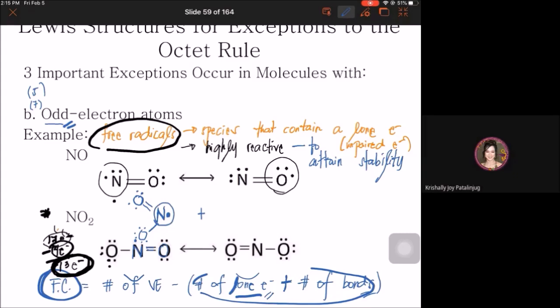How? Since they are highly reactive, they will react with each other. Free radicals will react with each other to pair up their lone electrons. So you have another nitrogen dioxide, and they can react. It is the same, only the orientation is different.